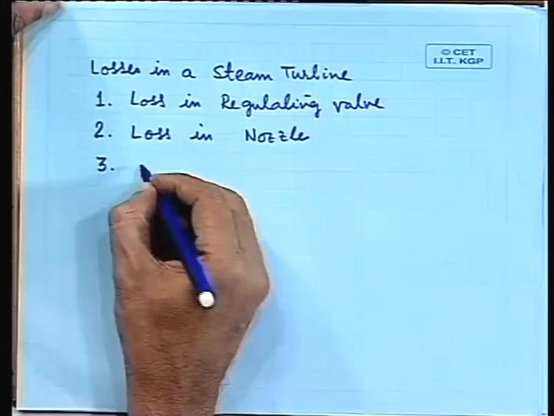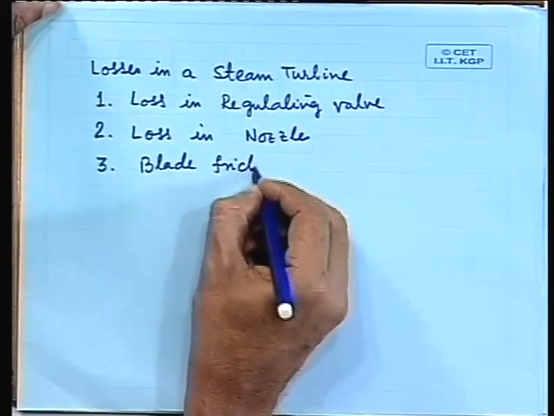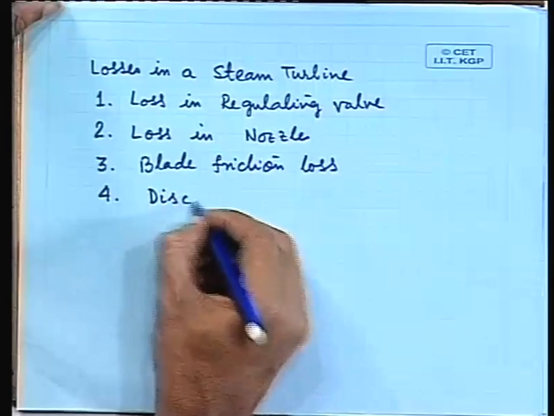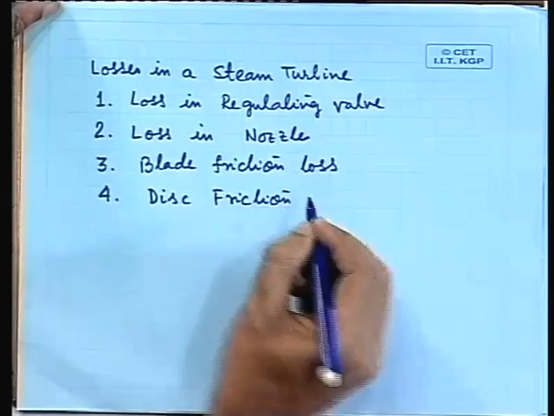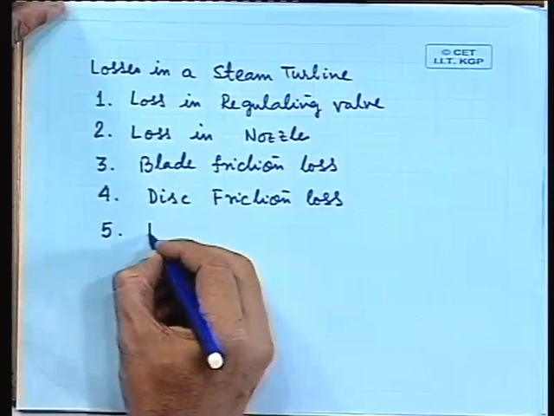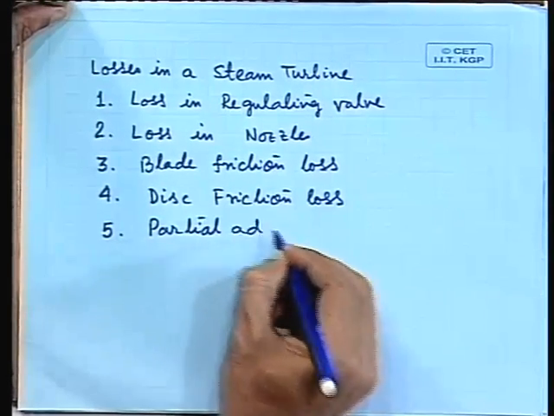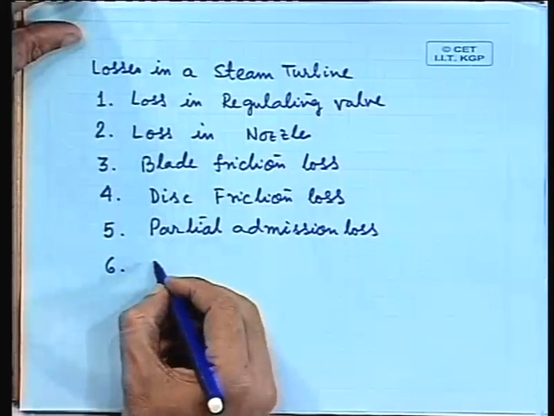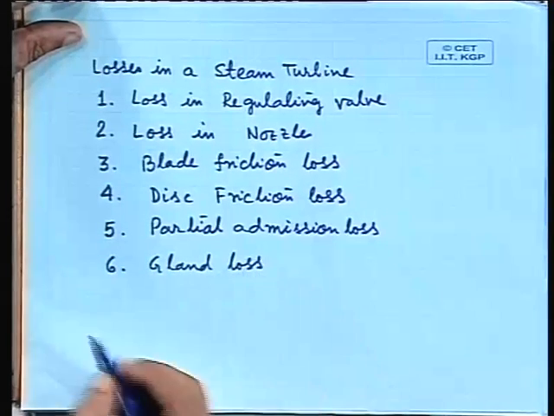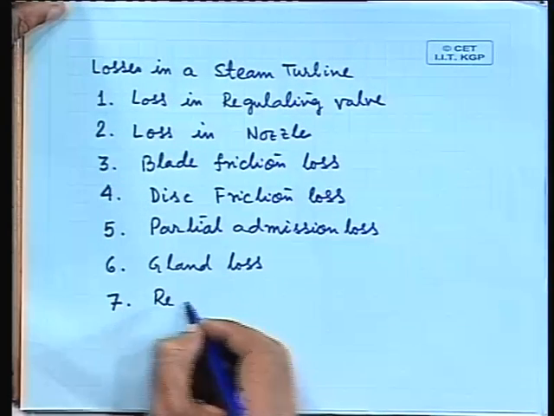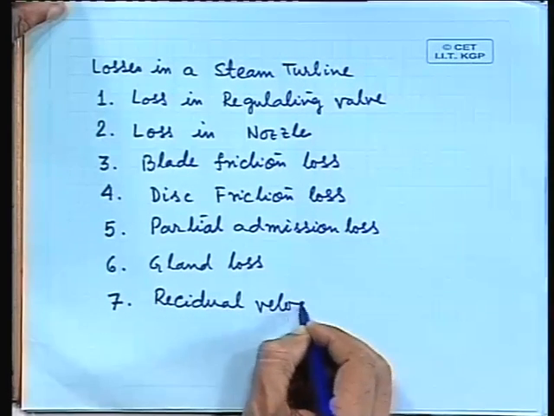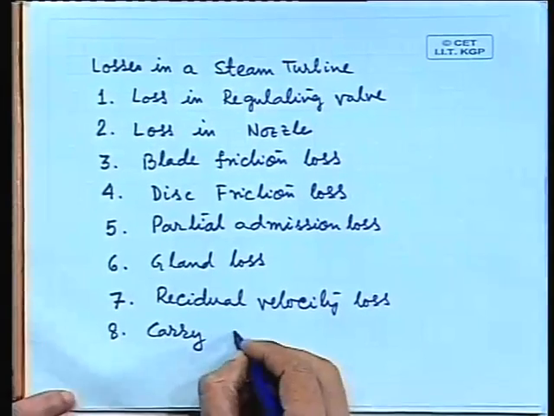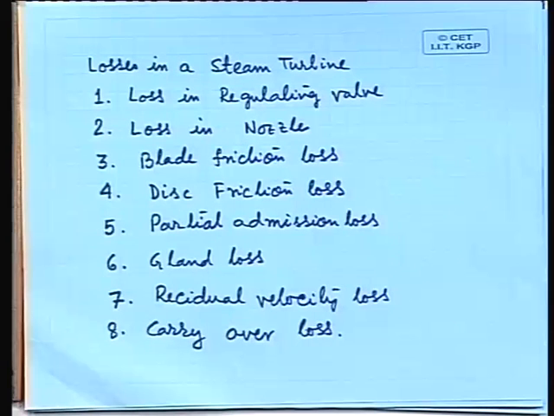Then blade friction loss, then we will have disc friction loss, then we will have partial admission loss, then we will have gland loss, then we can have residual velocity loss, and then we can have carryover loss. So, one by one let us discuss the different losses.